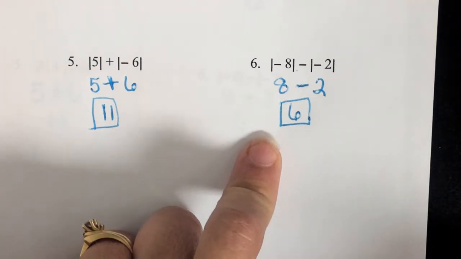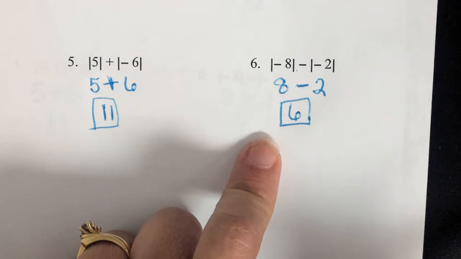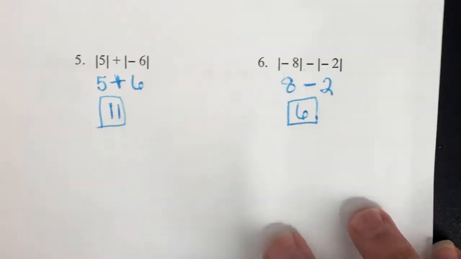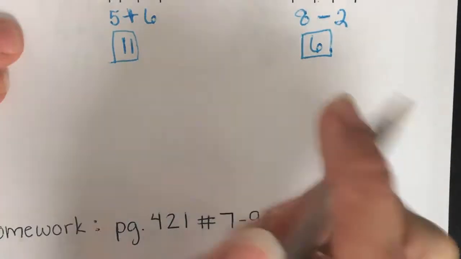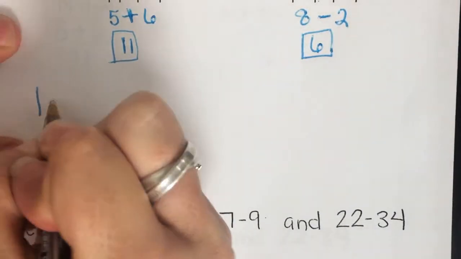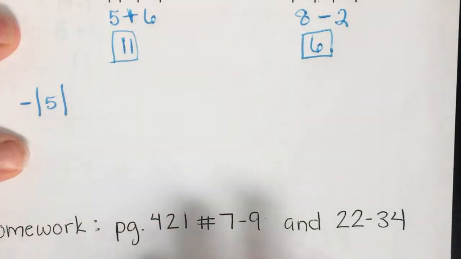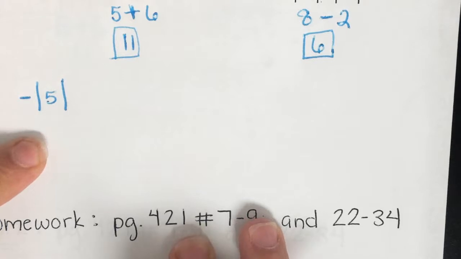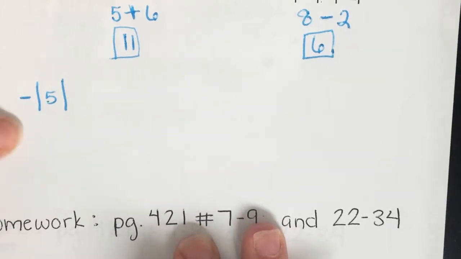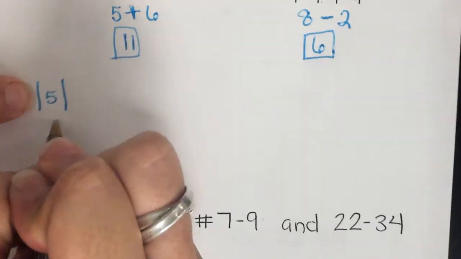Okay, now, here is where the tricky ones come in. And they're in the homework, they're just not on this note sheet. Okay, here's the first one. And you might want to write this just so you have some ideas. Okay, let's say you have this, but on the outside there's a minus symbol, a negative symbol. So what I need you to do is look at it first as, what is the absolute value of 5? 5.